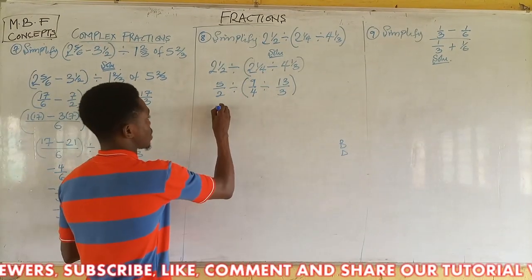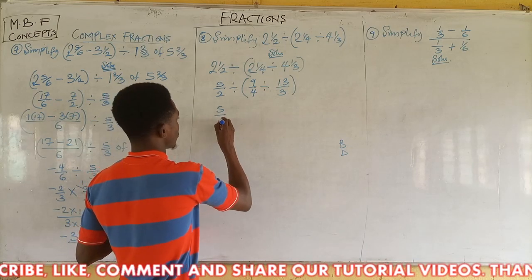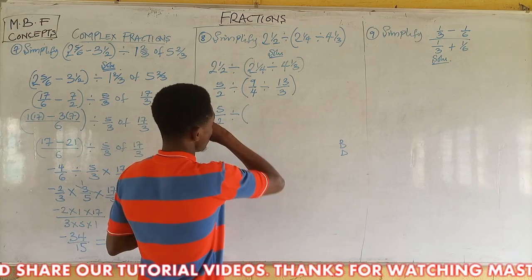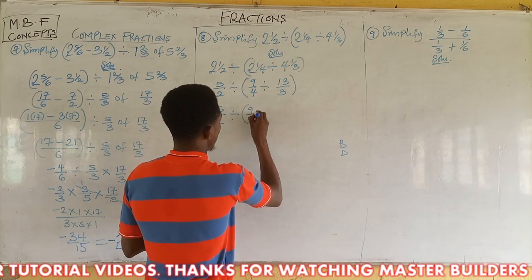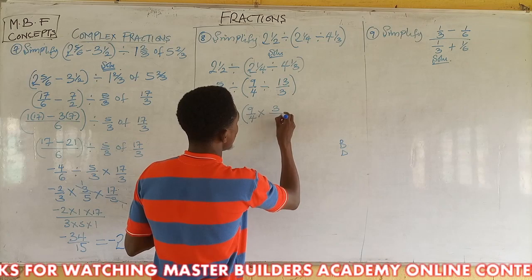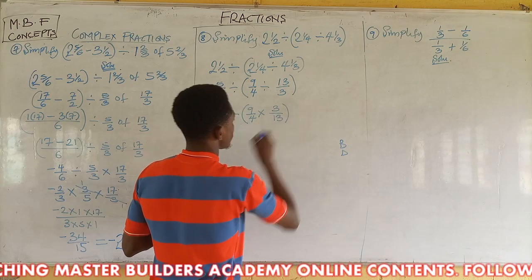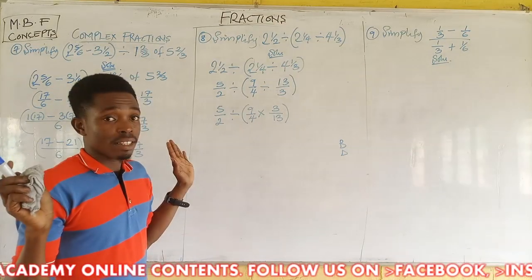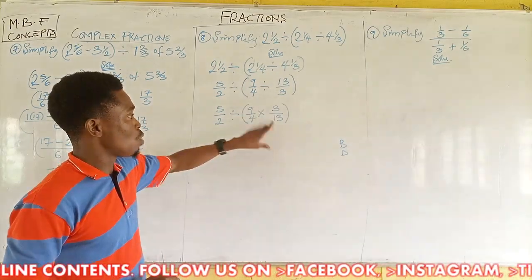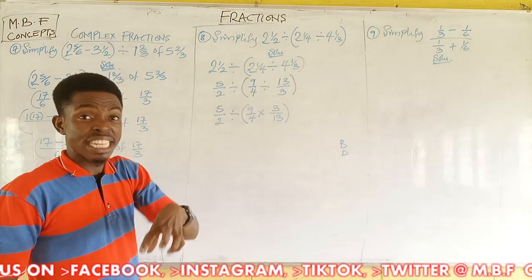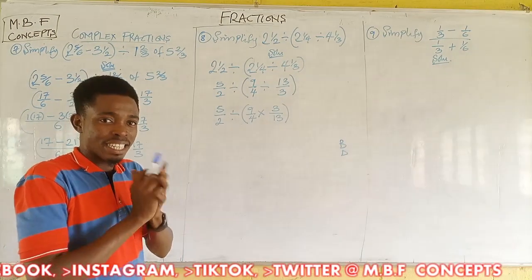So we are going to have this as 5 over 2 divided by open bracket 9 over 4 times 3 over 13. It's like this. Just invert, right? Yes, just invert. Once you change division to multiplication, invert the fraction that comes immediately after the sign you changed.